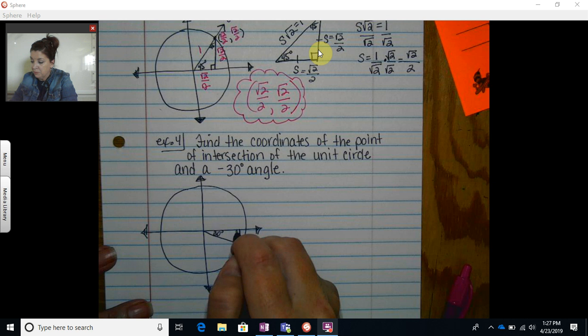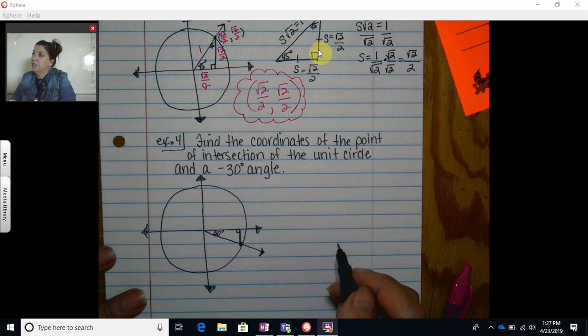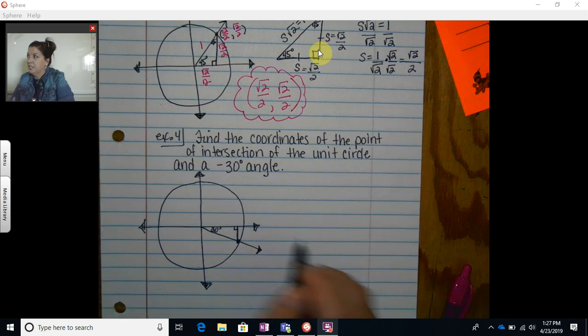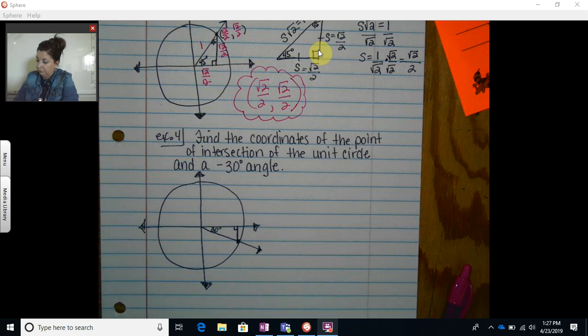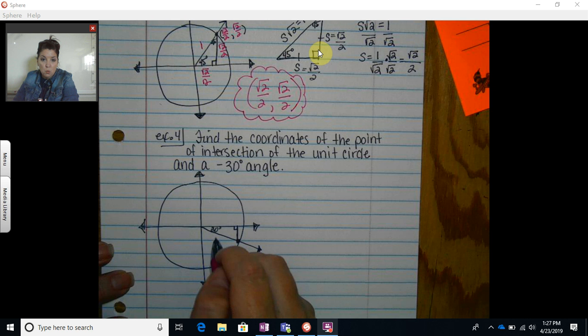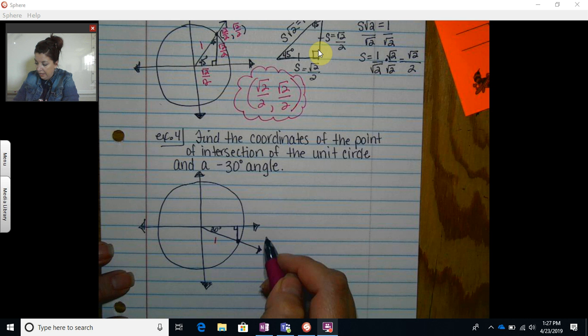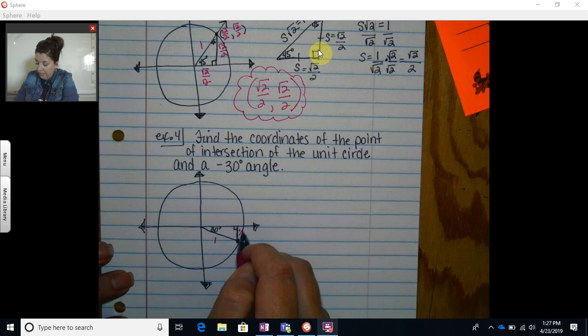Now we might have done 30-60-90 enough that you already know what the legs are, right? Maybe. Let's see. We know the hypotenuse is what? 1. What's the length of the smallest leg right across from the 30-degree angle? 1/2. And what's the length of the middle leg? Square root of 3 over 2. Very good.